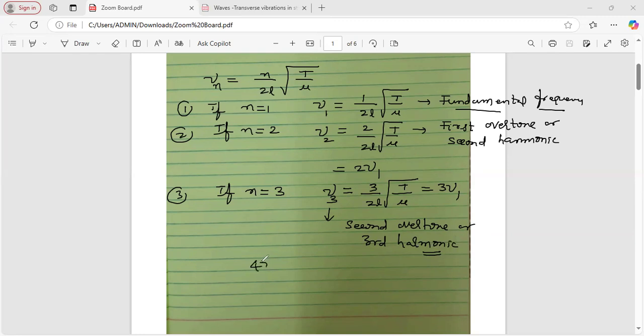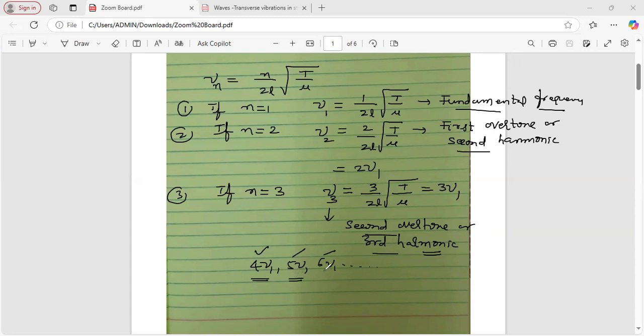Similarly, 4 nu 1, 5 nu 1, 6 nu 1, and so on are the fourth harmonic, fifth harmonic, sixth harmonic, and so on. So from this, it is very clear that the first overtone is the second harmonic, the second overtone is the third harmonic, the third overtone is the fourth harmonic, the fourth overtone equals the fifth harmonic, and so on.